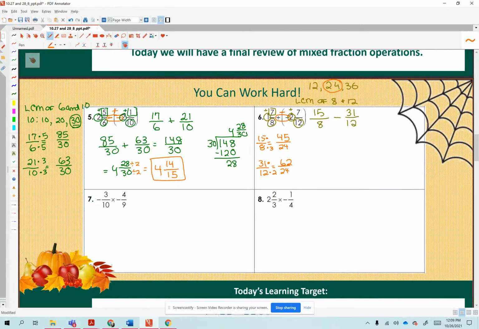So now I'm ready to subtract. I will rewrite these. 45 over 24 minus 62 over 24.